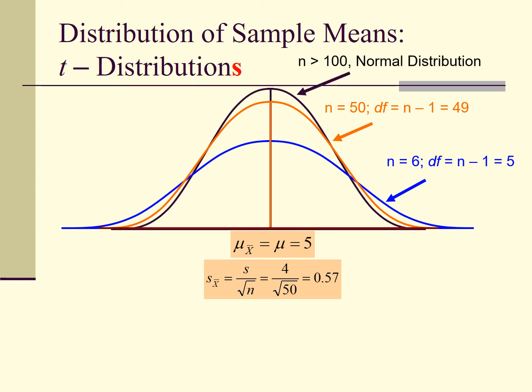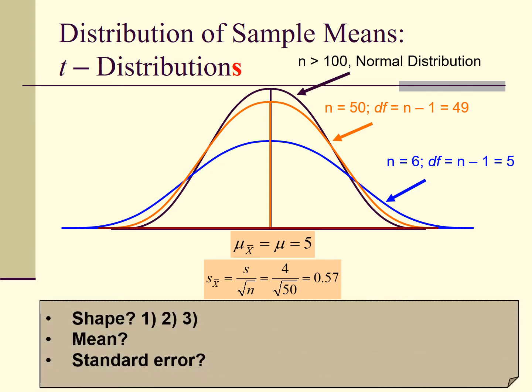When our sample size is greater than 100, then the estimated curve is closer to a normal distribution. Therefore, for t-distributions, we have a set of distributions corresponding to different degrees of freedom.